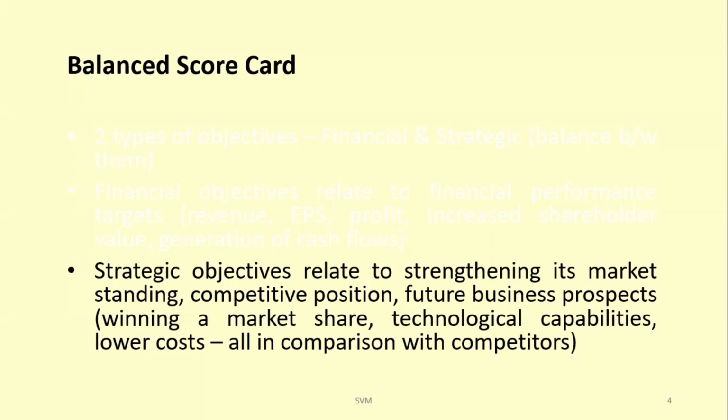And I may also keep something related to production efficiency: improve production efficiency by reducing cycle time by 10%. Or I can have a measure as process improvement initiatives implemented, with a target to implement at least 3 process improvement initiatives to streamline our operations. So these are some of the objectives.